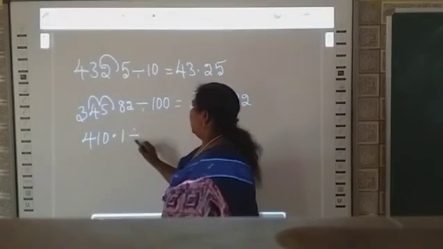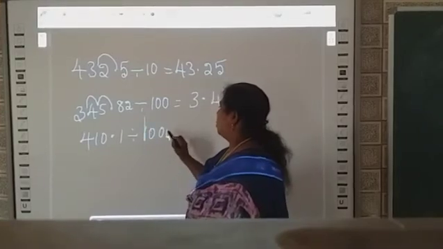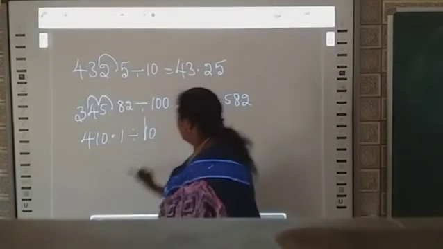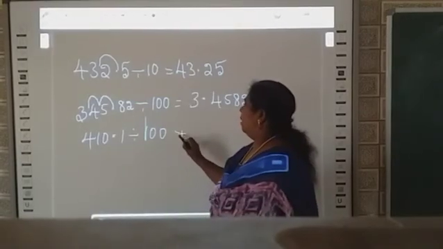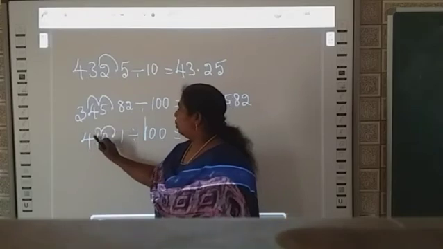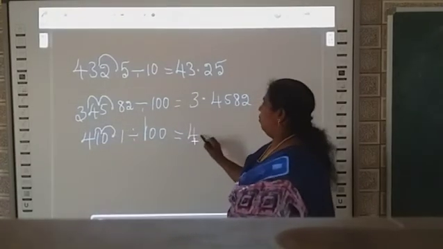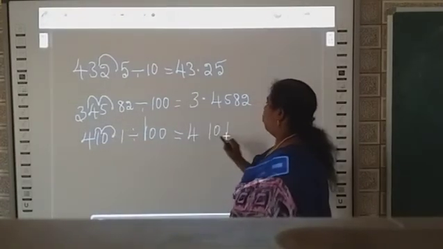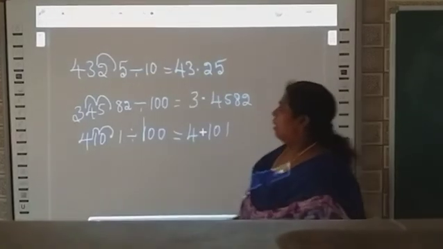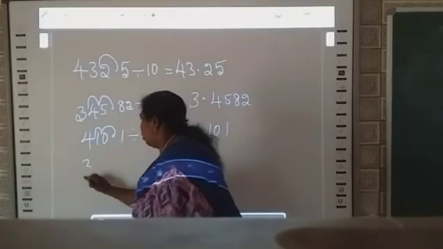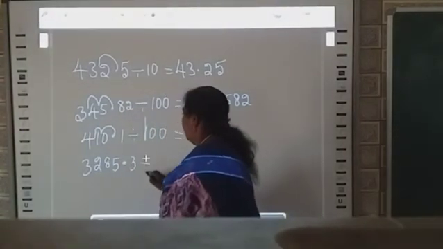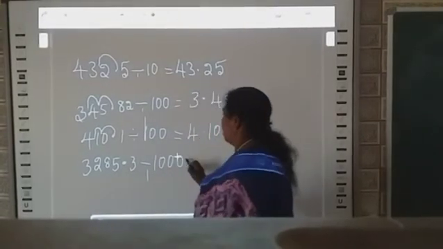See the next example: 410.1 divided by 100. What's the answer? Move 2 decimal places. 1, 2. So the answer is 4.101. Then the next question: 3285.3 divided by 1000.